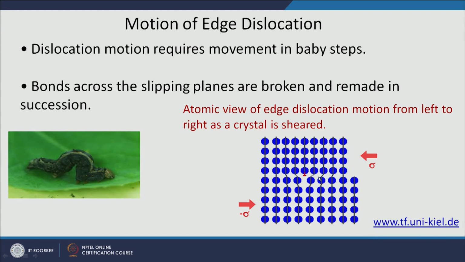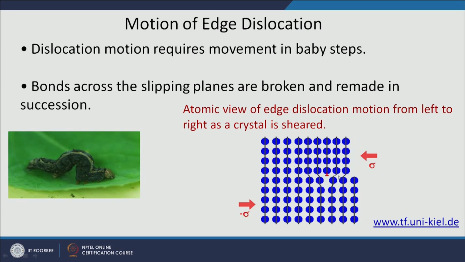You can see that in each step one bond is broken. So, I am applying shear, as opposed to the previous case where we broke all the bonds and created the step. In this case, when I am applying the shear stress here, the bonds are broken one by one.